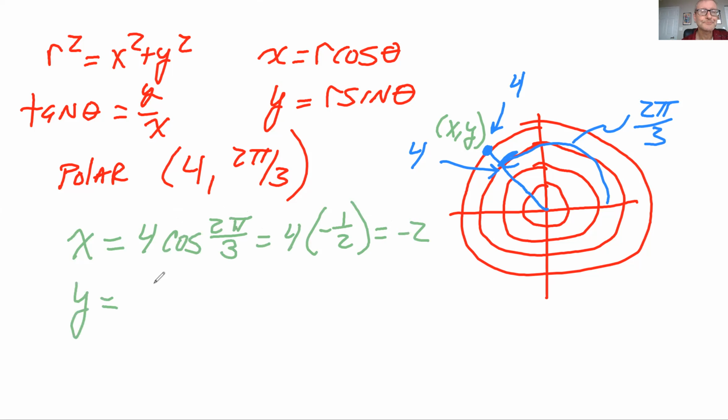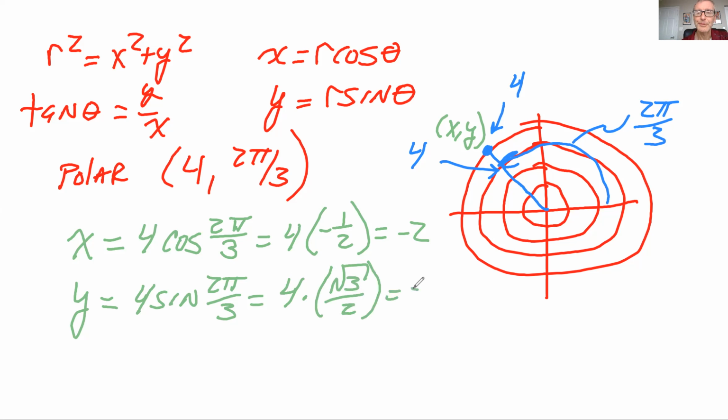And then y would equal 4 sine of 2 pi over 3. You could get out your calculator, or you could get out your little table, and this is one of our angles that we know, so this would be 2 square root of 3. So the x value is -2, and the y value is 2 square root of 3.